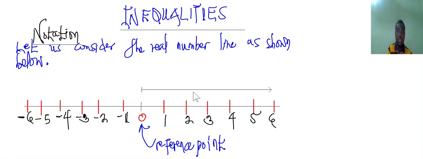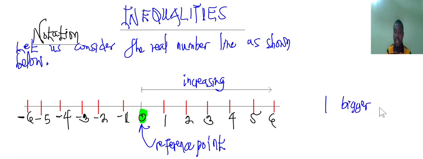So towards the right of 0, the values are increasing. So with respect to point 0, the reference point, any numbers towards the right is bigger than 0. So we can say, for instance, we can say 1 is bigger than 0. So 1 is bigger than 0 simply means 1 greater than 0.